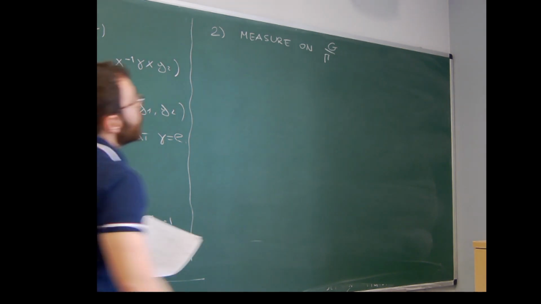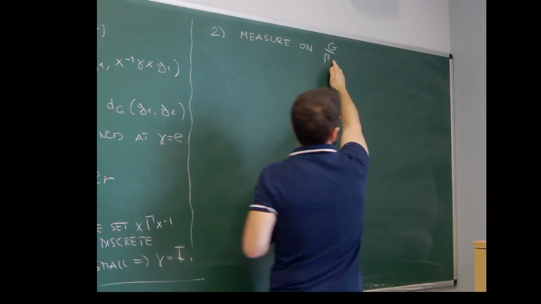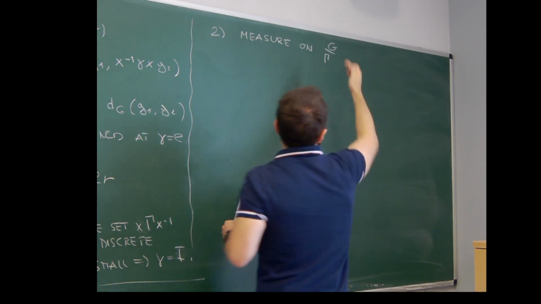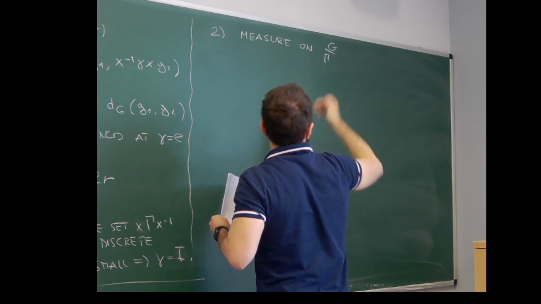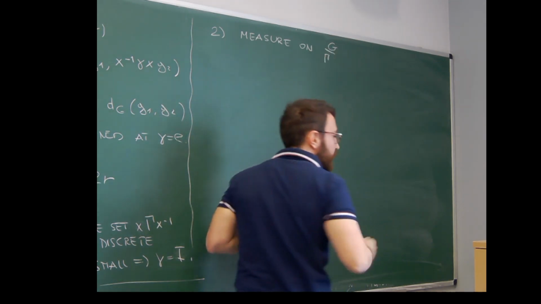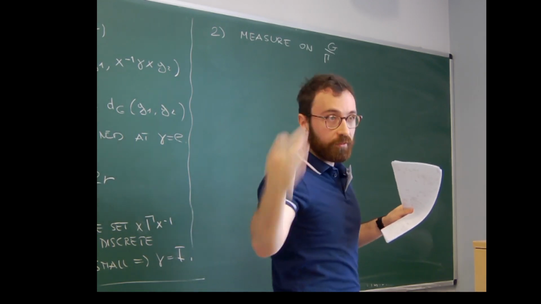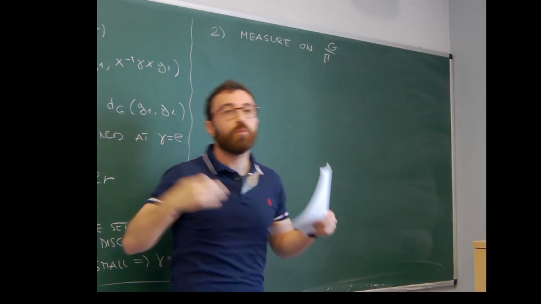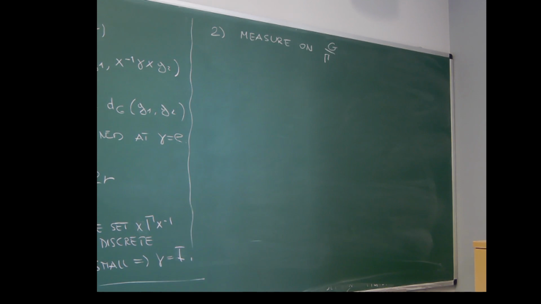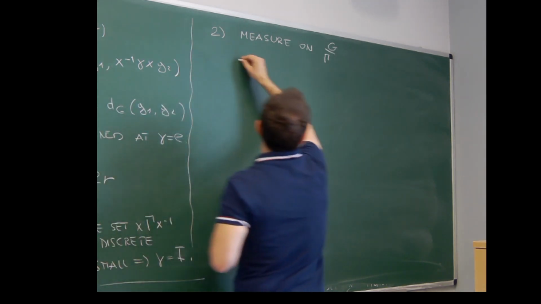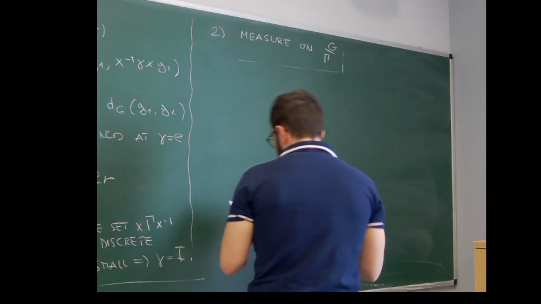So the measure that we construct here has to be a good measure to go down to the quotient, but it also has to be invariant by right multiplication. Once it's invariant by right multiplication, we can do the ergodic theorem. Okay, good. So how do we construct this measure?